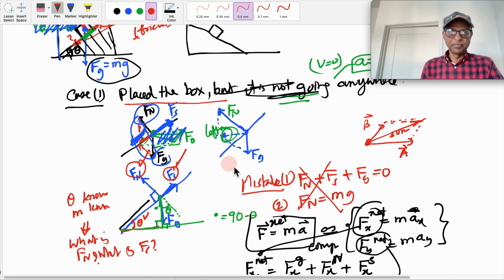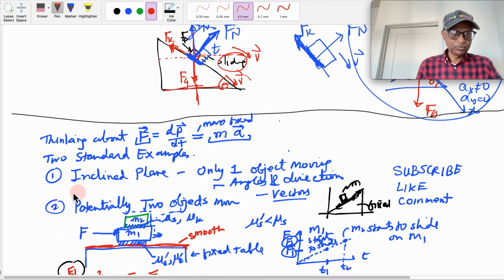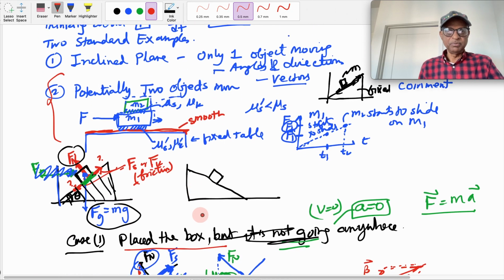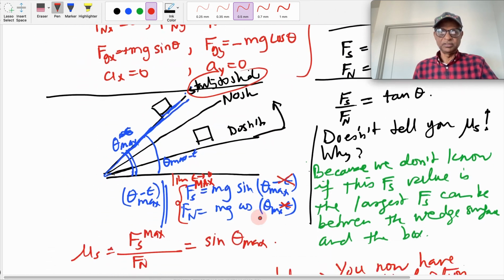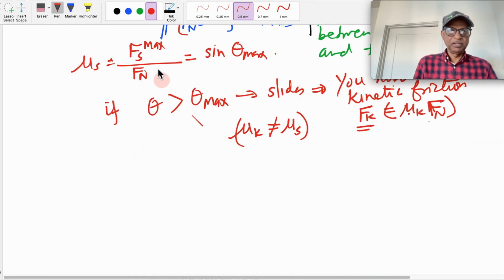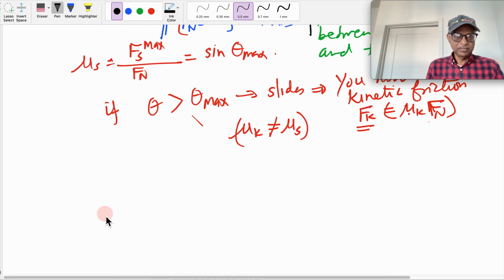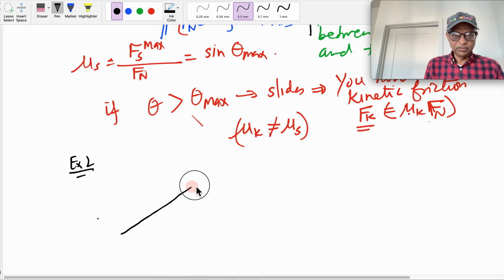I think I won't have time to do this one, but let me just make this case one a little bit more complete. So let's see example 2 along the same lines. Now the work will be very small.